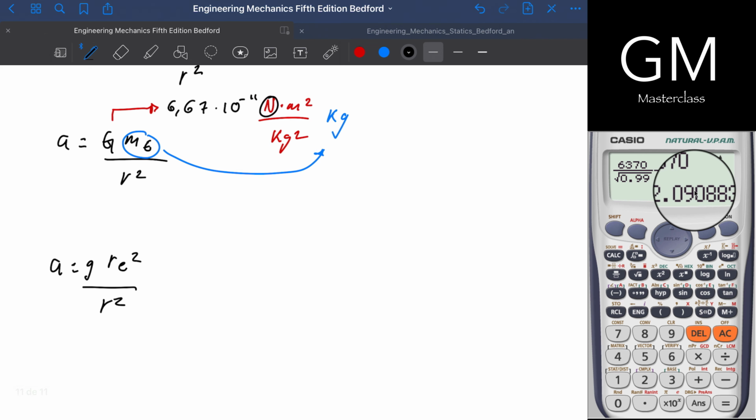A Newton is a force, so it is necessarily a mass multiplied by an acceleration. So in the case of the international system of units, it is kilograms multiplied by meters per square second. Then I'm going to multiply by square meters, then divided by kilograms to the second power, and then multiply this by kilograms.